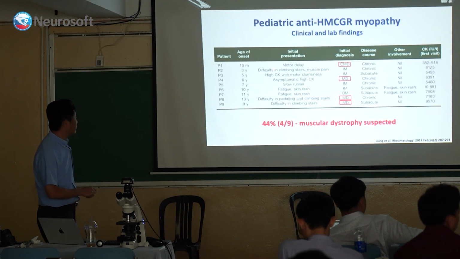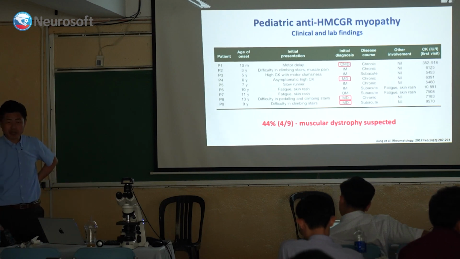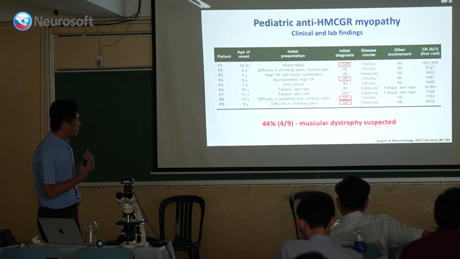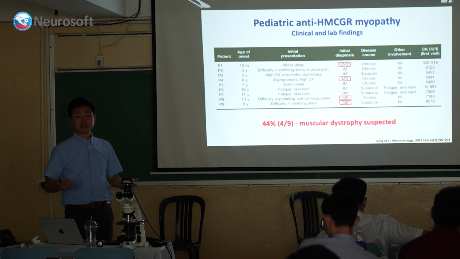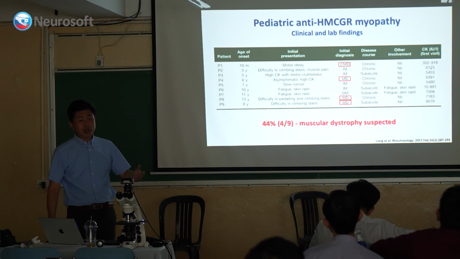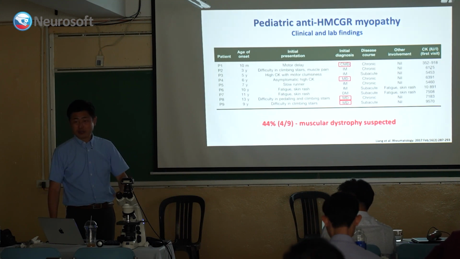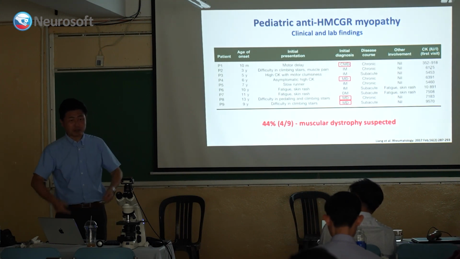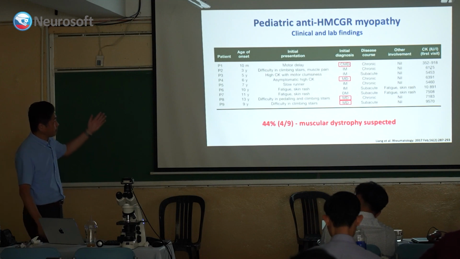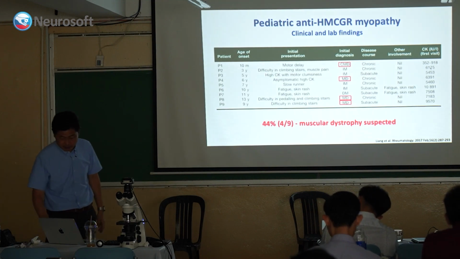Yeah, for example, case number one, the onset was probably 10 months old. And he came to the clinic at 3 years something. And imagine that you have a 3-year-old boy having progressive muscle weakness, very high CK. Of course, you think about muscular dystrophy. But actually, in fact, he had myositis.